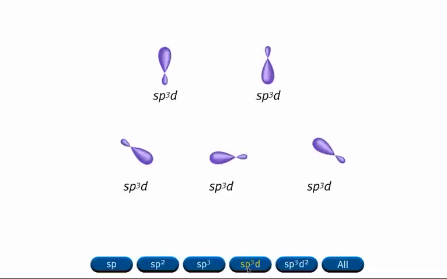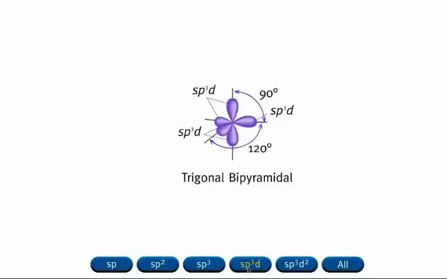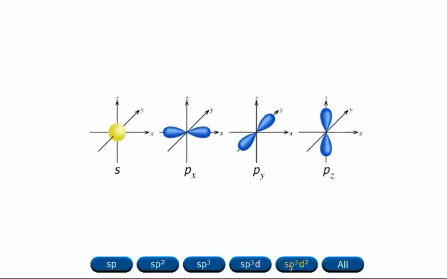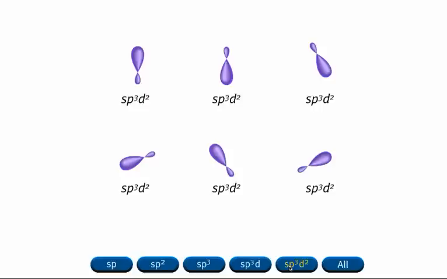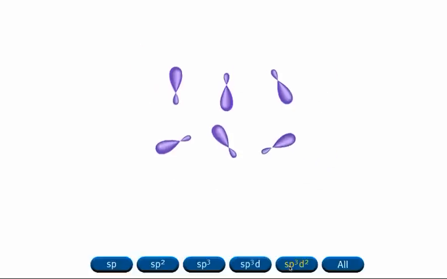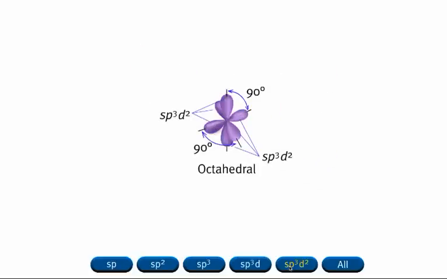This is called sp3d hybridization, and there are five of those orbitals, and the shape is trigonal bipyramid. And finally we have the combination of one s, three p's, and two d's, and this gives us six hybrids. Each of them is called an sp3d2 hybrid, and the shape here is octahedral.